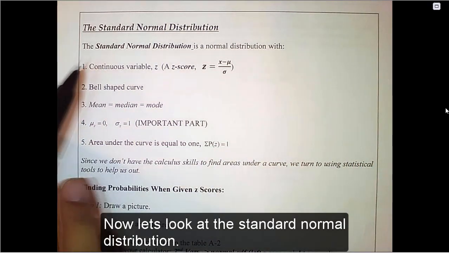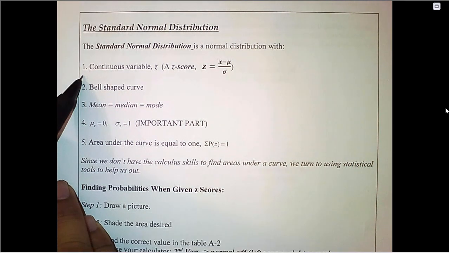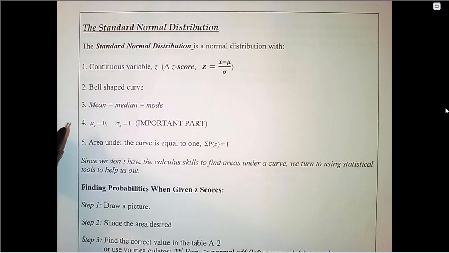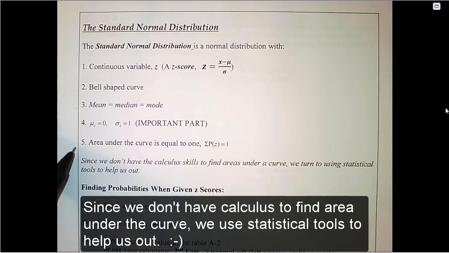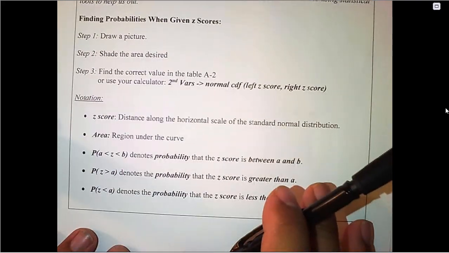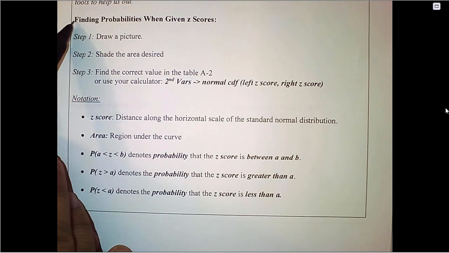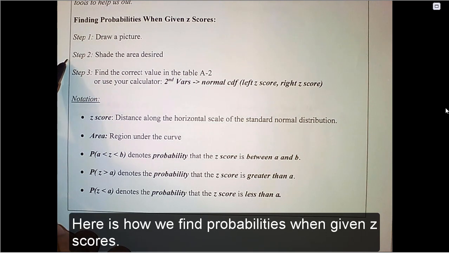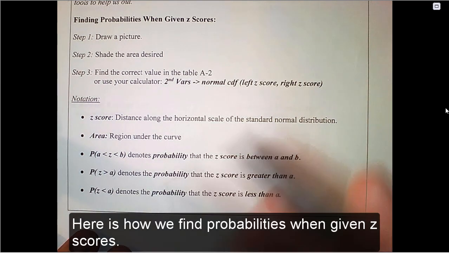Now, let's look at the standard normal distribution. To be standard normal, we need these following properties. Since we don't have calculus to find area under the curve, we use statistical tools to help us out. Here's how we find probabilities when given z-scores.